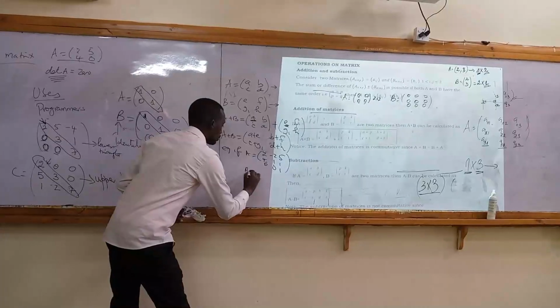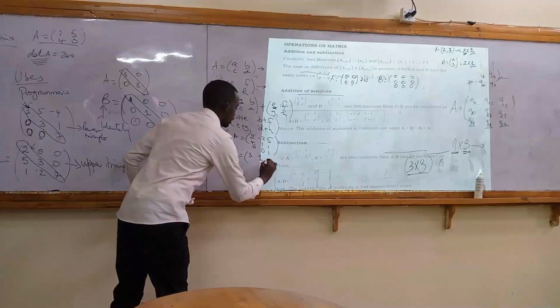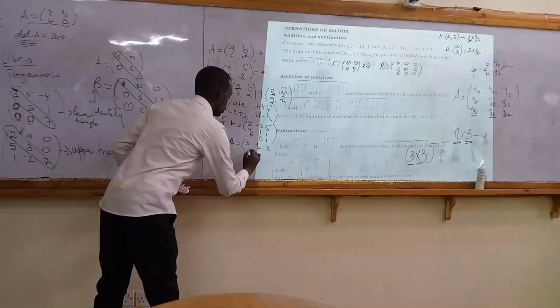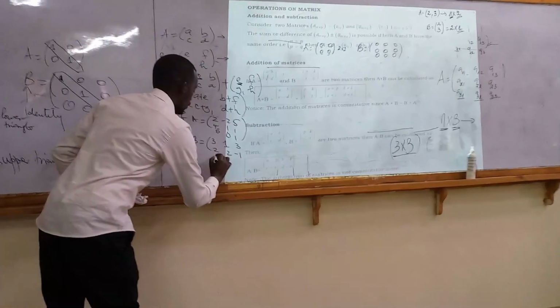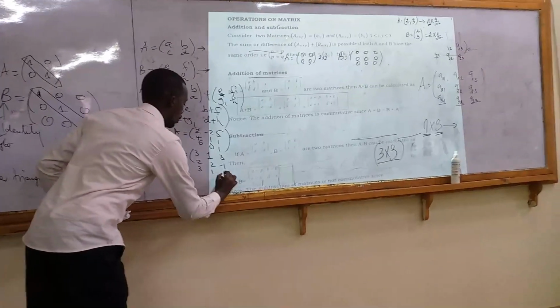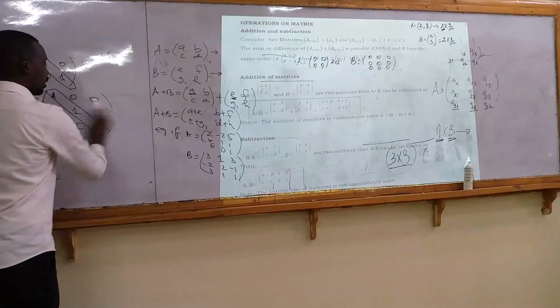We have our matrix B, which is 3, 1, 3, 2, 2, negative 1, 3, 1, 1. This is also another matrix. When we add them together, what are we going to get?